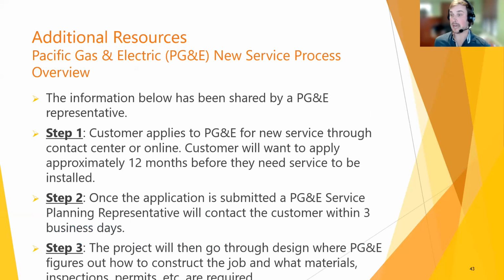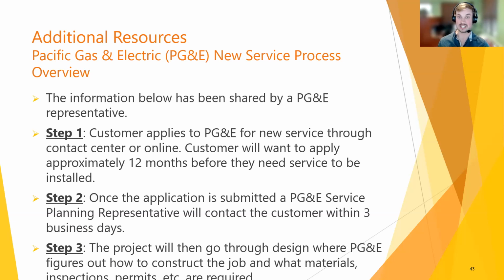And I was able to get a hold of someone at PG&E to ask them. Again, as I said, we're trying to tell you what your process is going to be like. And the important detail that I got out is right there in step 1, that they recommend applying about 12 months before you need the service to be installed.